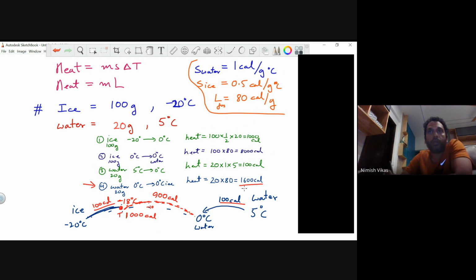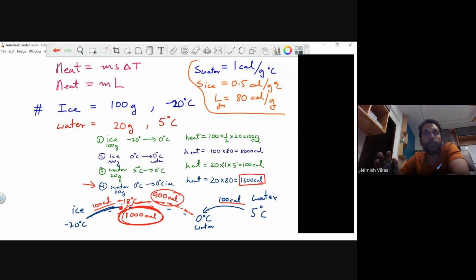So we conclude that the full water cannot freeze, because if full water freezes, it will give 1600 calories of heat, but there is nobody to take that 1600 calories. Ice is going to take only 900 calories of heat after it has reached minus 18, or even if I take the whole thing, ice is going to take 1000 calories of heat from water. So in no case can it take the 1600 calories of heat. Is that clear?